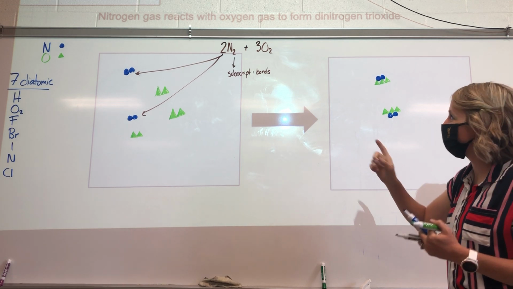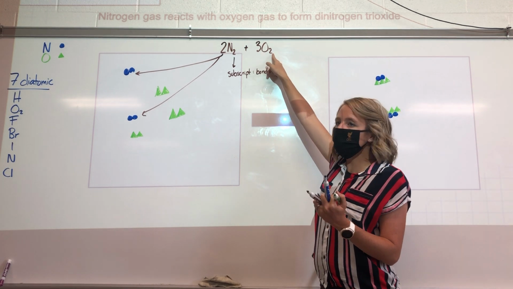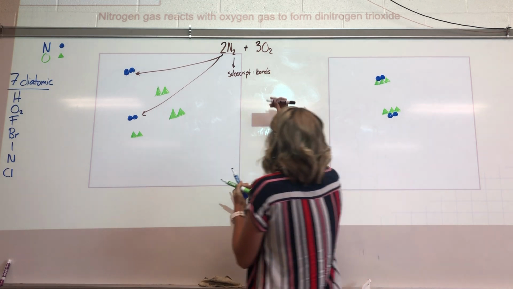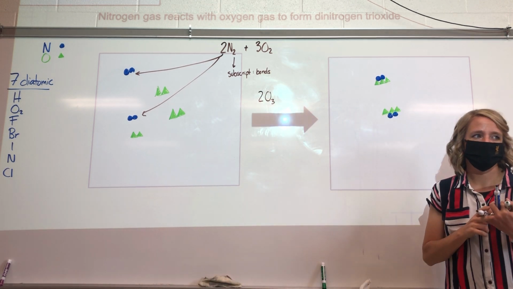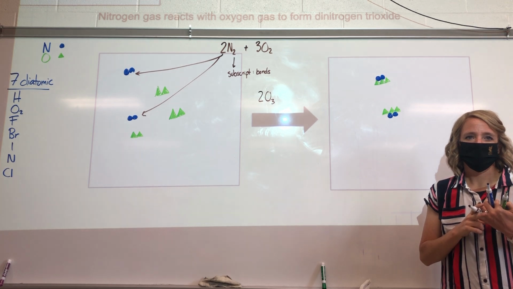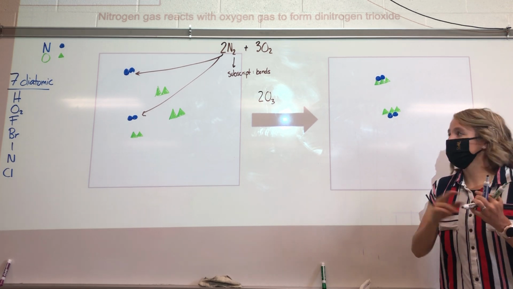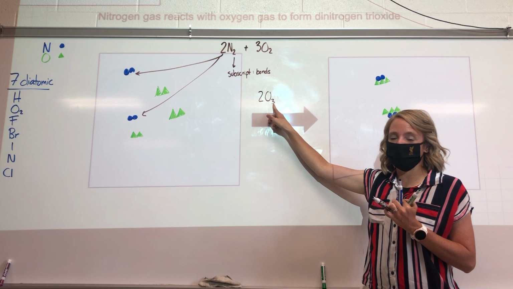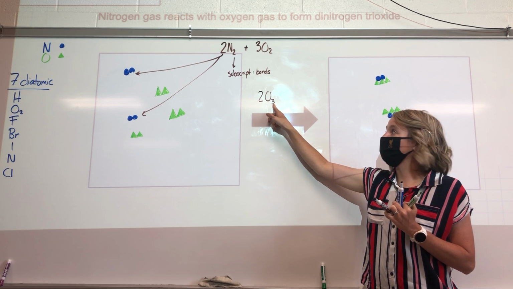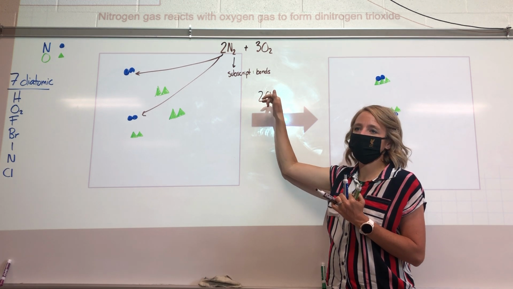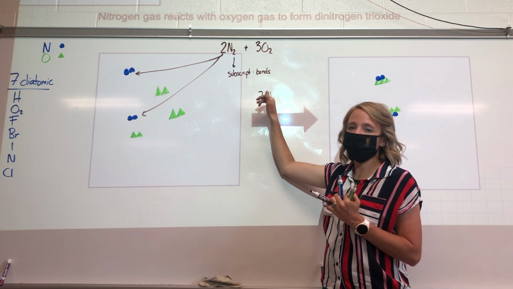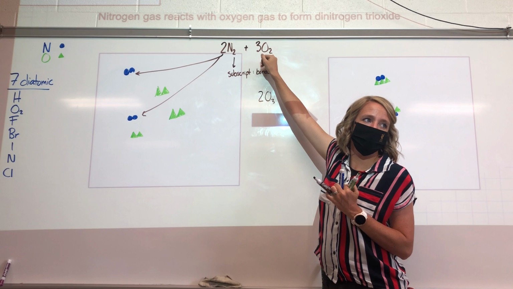Just to reemphasize here, 3 O2s is not the same as 2 O3s, because that would mean you have 3 oxygens bonded together. These only come in 2s. Ozone is O3, which is not the same as pure oxygen.